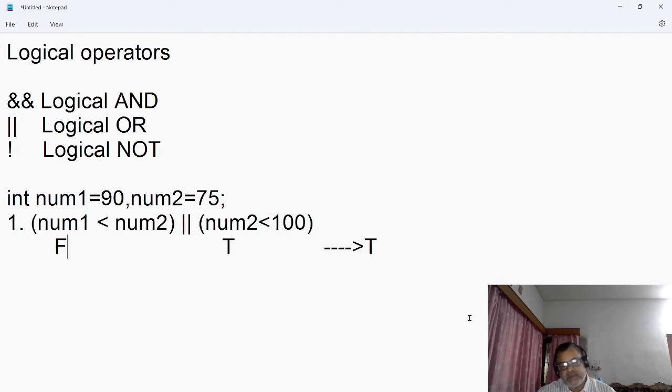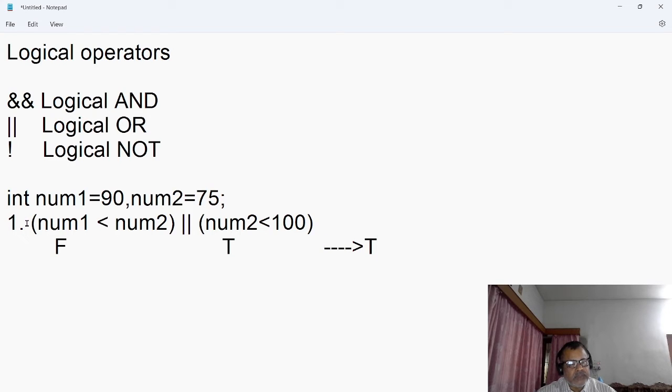It is like this: the class of C will be held if the day is either Monday or Tuesday. It means if the day is Monday or if the day is Tuesday, your class will be held. So if one expression is false but another is true, in the case of logical OR, you will get true.